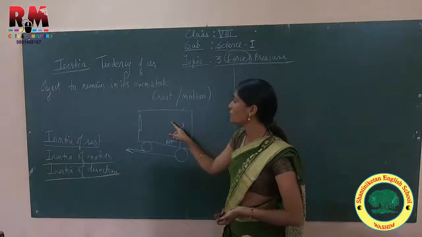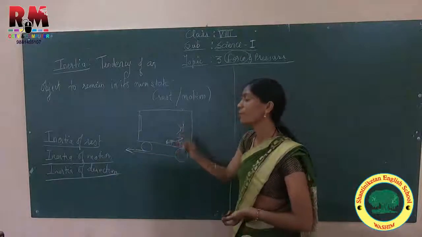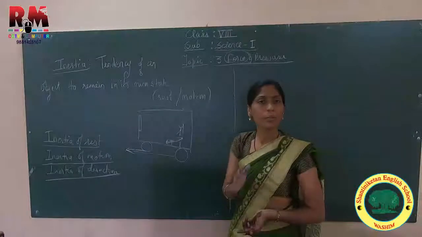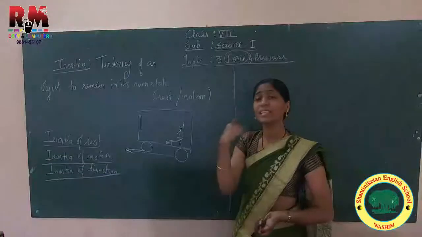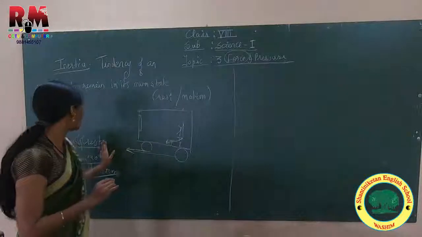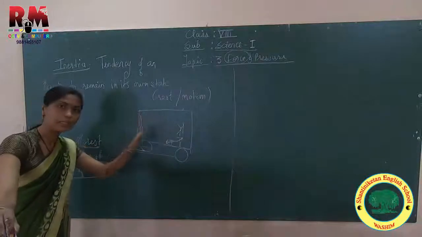So its tendency is to remain in motion. This is called inertia of motion. That's why you feel a forward jerk. The jerk itself, forward or backward, is not the inertia; that is the example I am giving you. By this example you children can easily understand inertia of rest and inertia of motion.